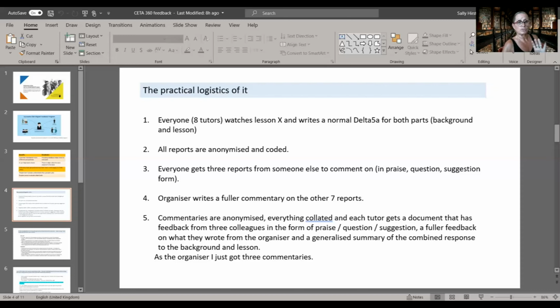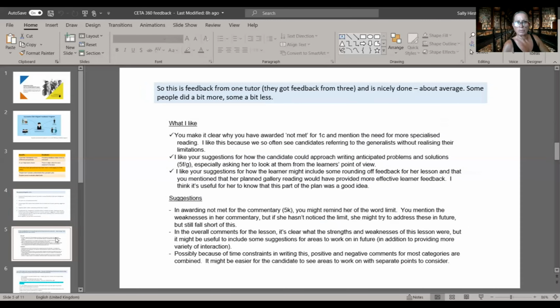I'm going to leave it on screen for a moment so you have time to read quickly through. This is an example of the kind of thing. This is one, and they got 3 back. Some people did a bit more than this, some people did a bit less.